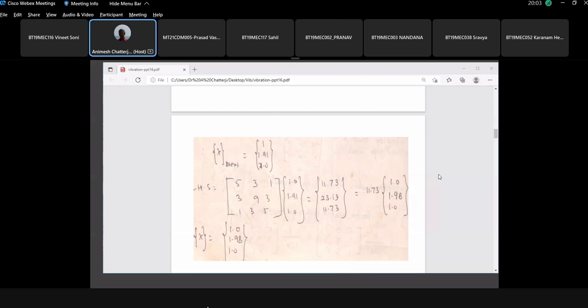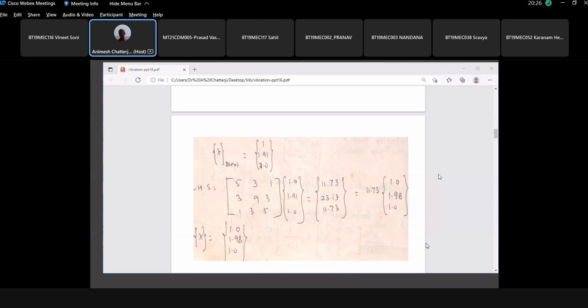How quickly it will converge, or the number of iterations, may not be the same. It depends on how close the starting vector is to the actual mode shape number 1. So what is the actual mode shape number 1? 1, 2, 1.